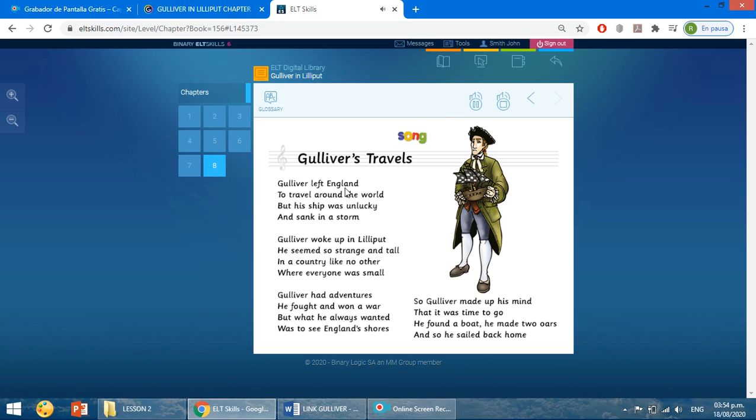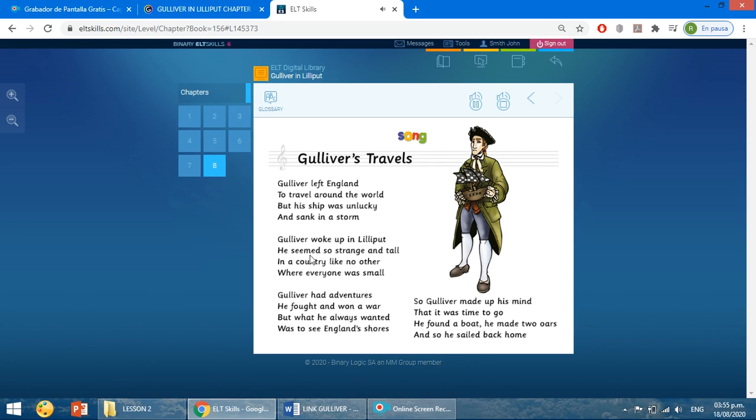Gulliver left England to travel around the world, but his ship was unlucky and sank in a storm. Gulliver woke up in Lilliput.